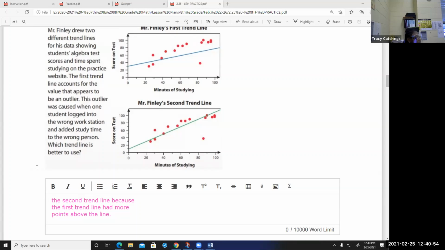Any questions about looking at the line and seeing where the points are and if it's a good fit? Y'all got any questions about that? All right, we got it.